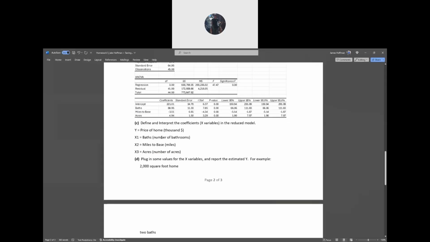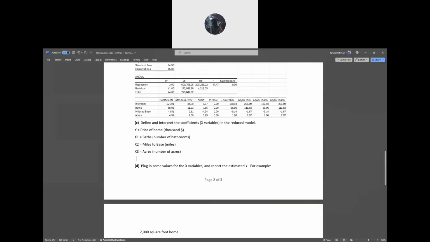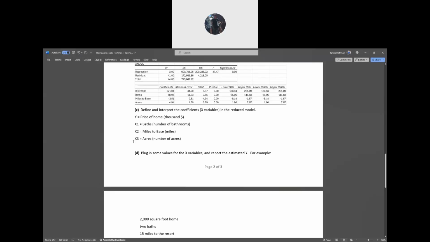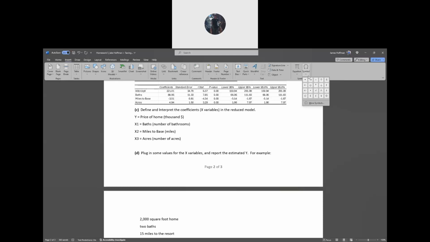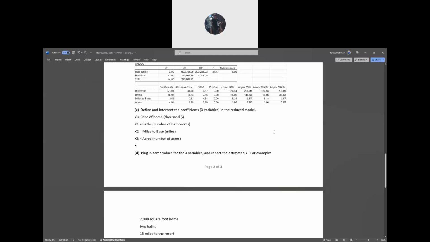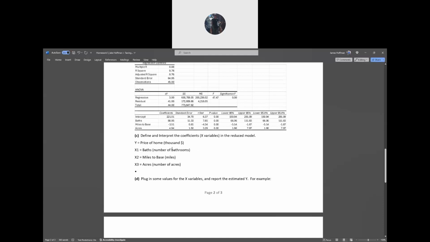Okay. So how do we interpret the coefficient for baths? Yeah, you can just come up here and type that.